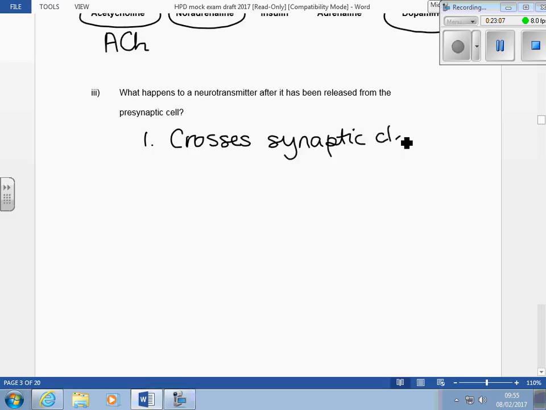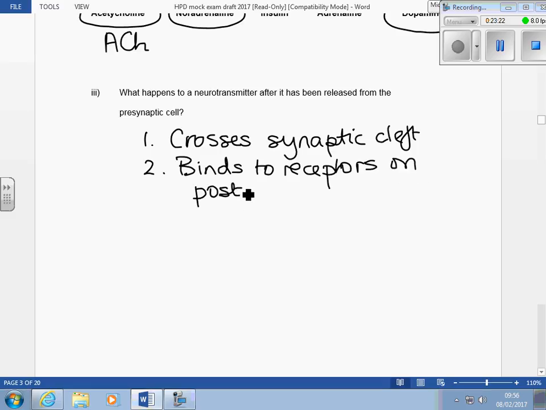Some people have an advantage of having met it before. Second thing is that it binds to receptors on what's best described as the postsynaptic cell. You could just call it the second cell if you want to.